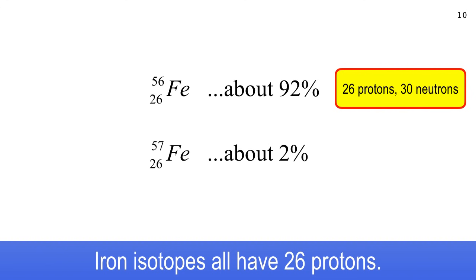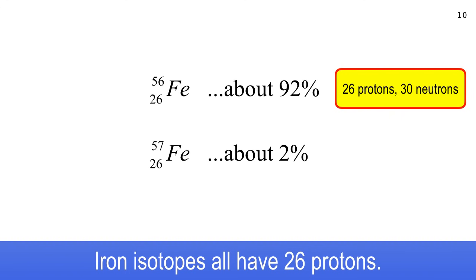Now here's another isotope, iron 57. This one is similar, 26 protons in the nucleus. If it's iron, it's got 26 protons. Done. And the 26 electrons, that is what gives it its chemical identity, its position on the periodic table.